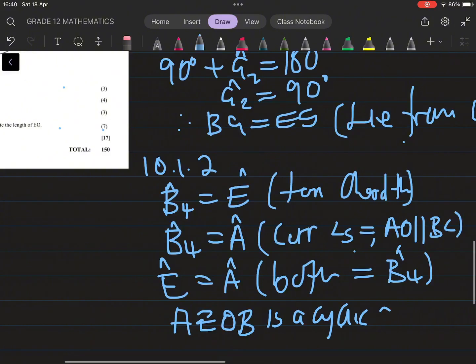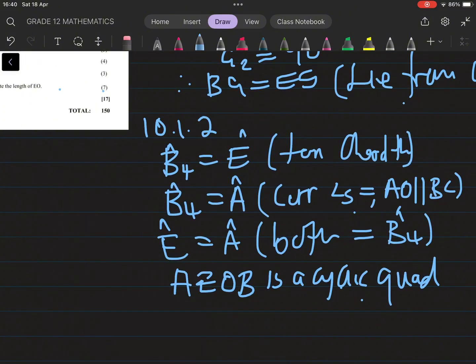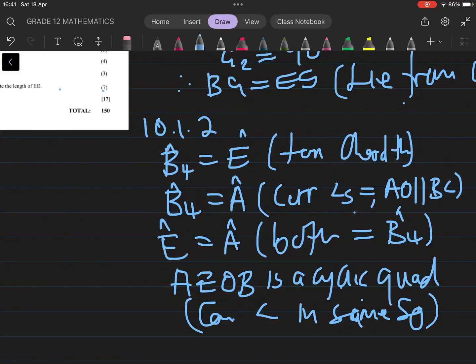Why am I saying it's a cyclic quad? We have proven above the converse: angles in the same segment. Perfectly fine.